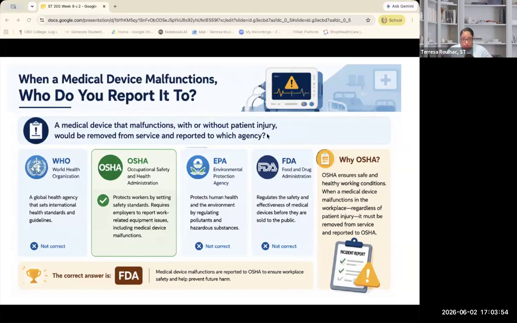We go back to this question, okay? A medical device that malfunctions, with or without patient injury, should it be reported or should it be removed from service and reported to which agency? So again, if it asks who regulates, approves, or monitors medical devices, then the FDA is often going to be the correct answer.